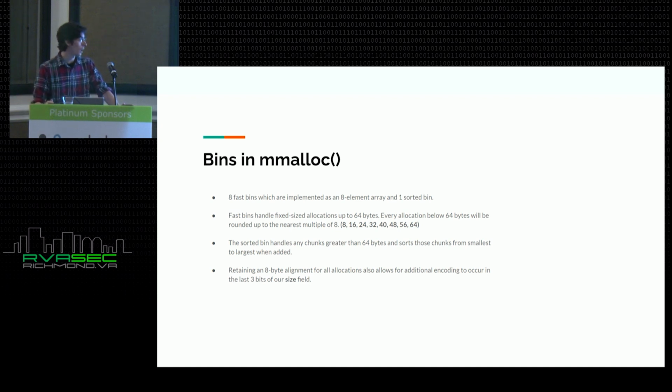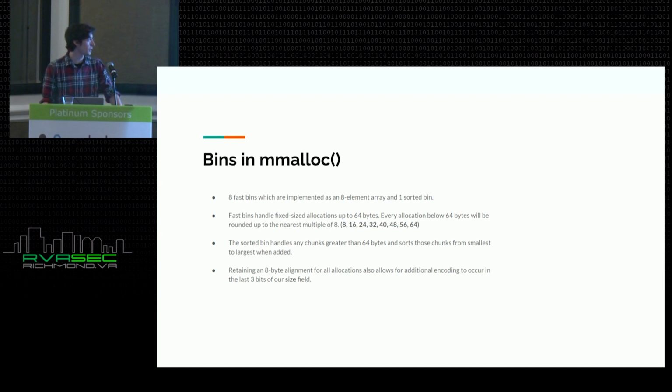While I did not fully implement this, it is seen in things like the glibc allocator, where by having that 8-byte alignment, if you look at the binary values, the last 3 bits of your size field can be used to encode other data. So it's often used to encode whether or not the previous chunks are free for doing things like chunk consolidation.